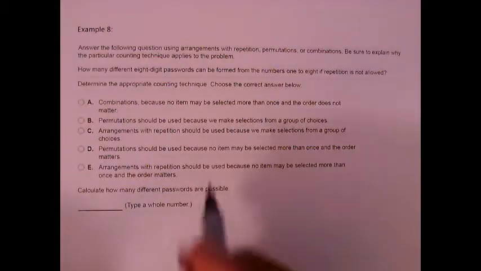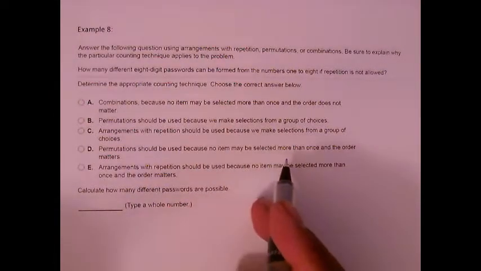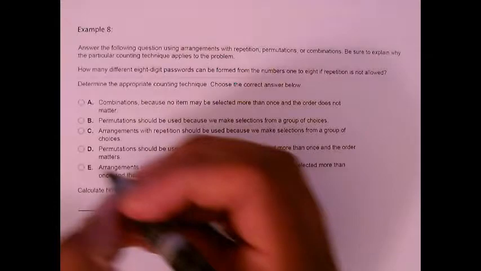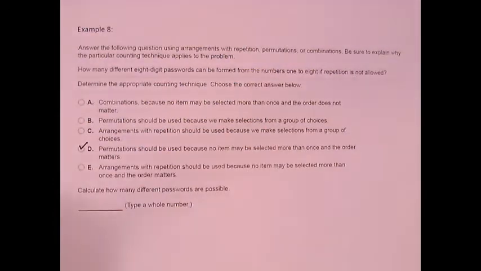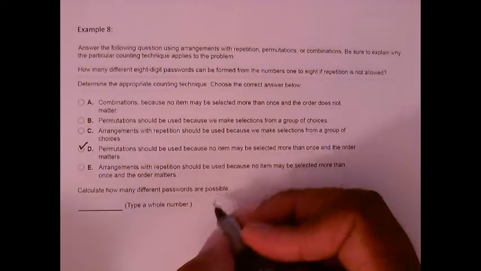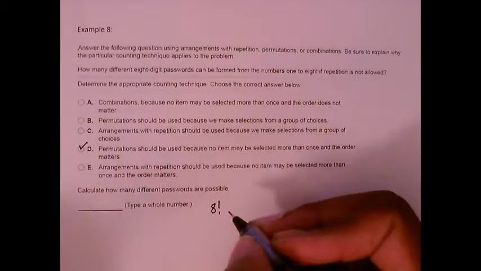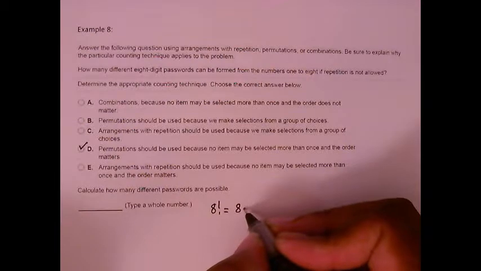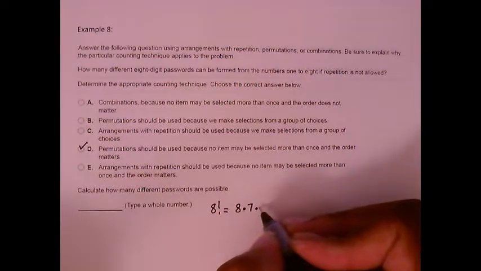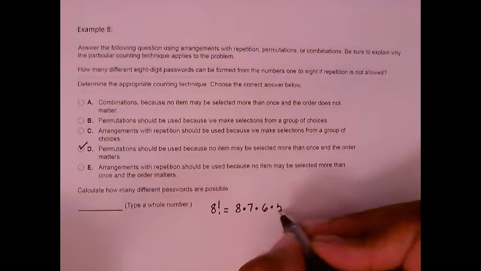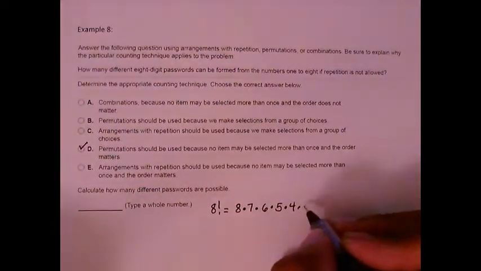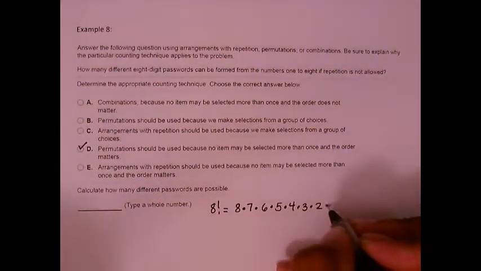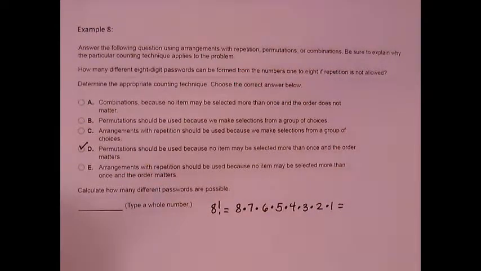I take that back. That is a permutation problem. No item may be selected more than once and the order does matter. So here, it's this one. And we're going to calculate how many different passwords are possible. So here, that's going to be 8 factorial, which is going to be, in this case, 8 times 7 times 6 times 5 times 4 times 3 times 2 times 1.